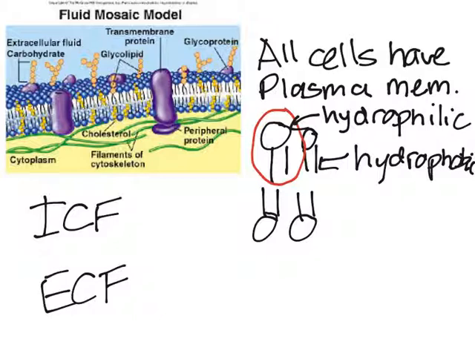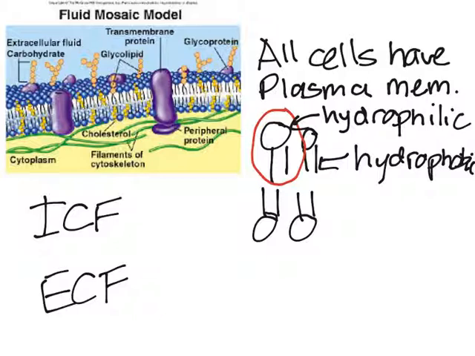And as you can see, it makes a sandwich type of structure, and because it's hydrophobic on the inside, fats can pass through the membrane very easily. The tails are hydrophobic, and fats are also hydrophobic, which means water-fearing.